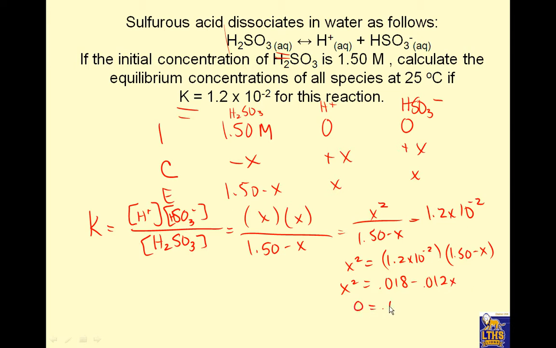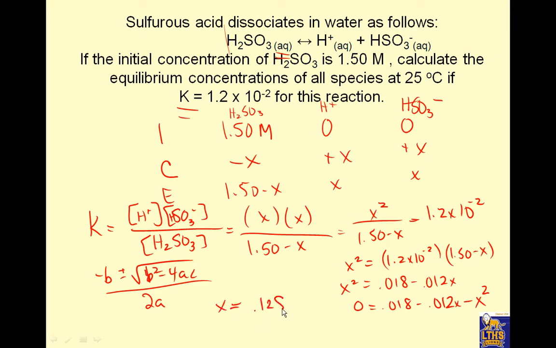So 0 equals 0.018 minus 0.012x minus x squared. You plug this all in, and you have to use quadratic this time because we can't take the square root of both sides. So plug that into the quadratic formula, minus b plus or minus square root of b squared minus 4ac over 2A, and you get X equals 0.128 molar.